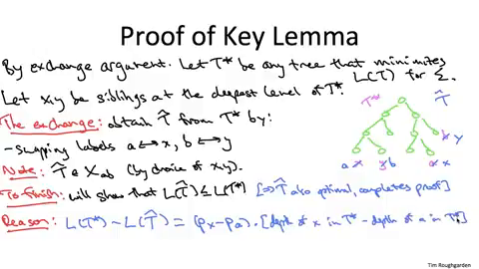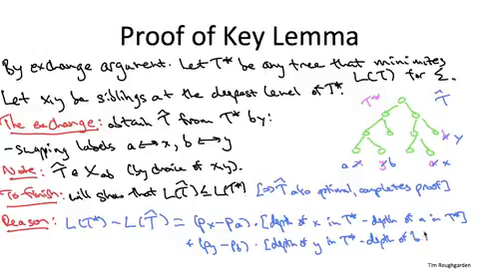And then we also look at the difference between their depths in the original tree T star. And then because B and Y got swapped, we have an entirely analogous term involving them. The reason I rewrote this difference in this slightly sneaky way is it now becomes completely obvious what role the various hypotheses play. Specifically, why is it important that A and B have the lowest possible frequencies?